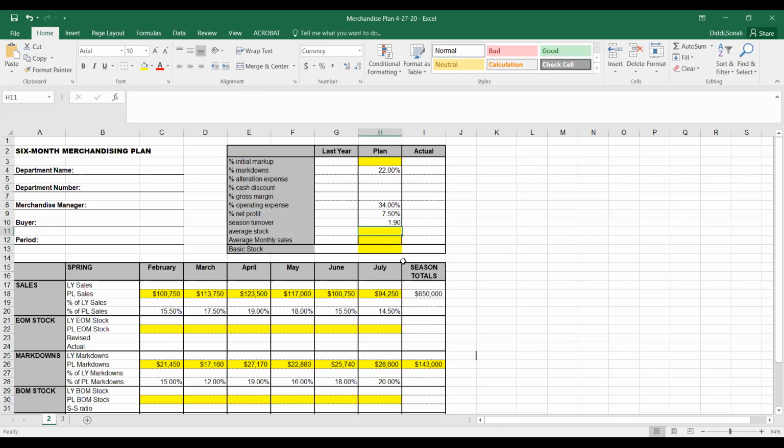The first one is average stock, which is season totals for sales divided by the turnover. Average monthly sales is going to be season totals divided by 6 because there are 6 months in a season.